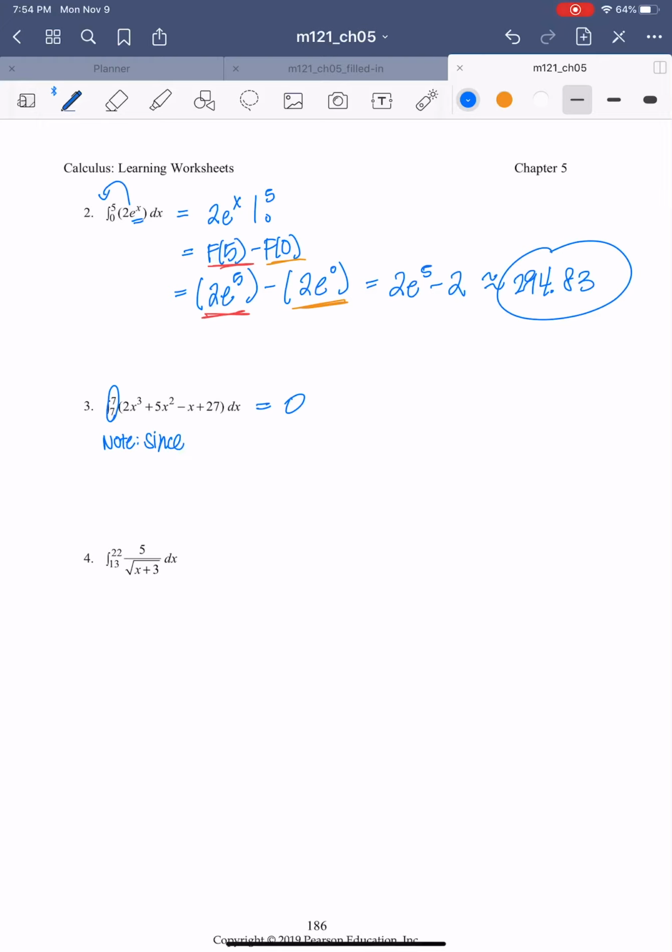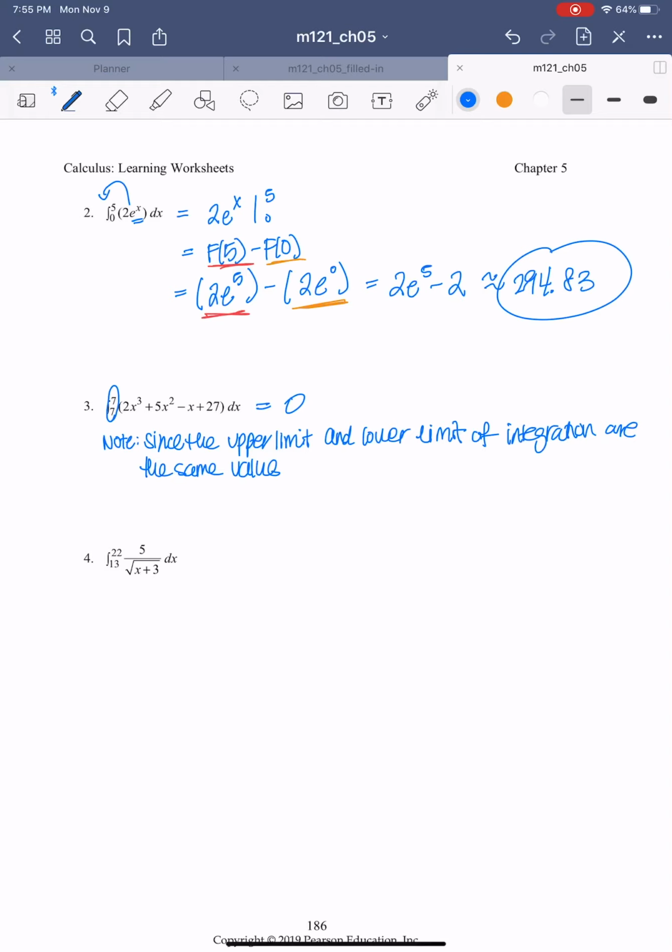Since the upper limit and lower limit of integration are the same value, we get the whole thing equal to 0.